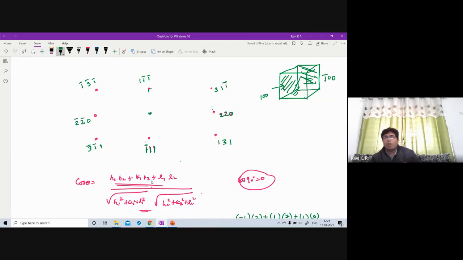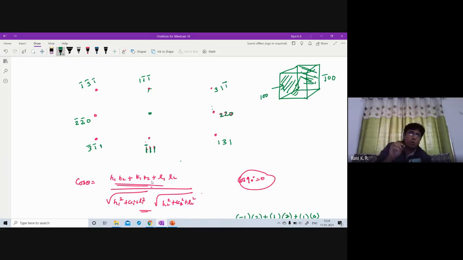Why? Because when you talk about the plane, let's say this is the plane that you are talking about. You have to define this zone axis. These are planes parallel, depending on which axis. You have to define the beam axis, because until and unless you identify a zone axis, this whole process is not complete.